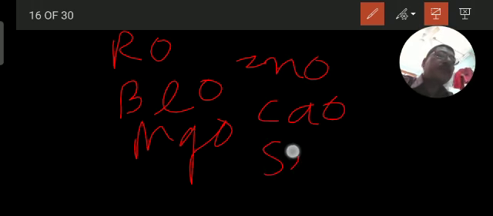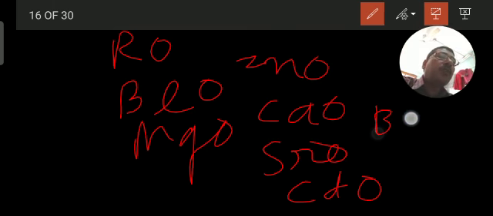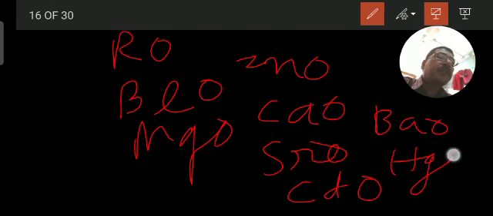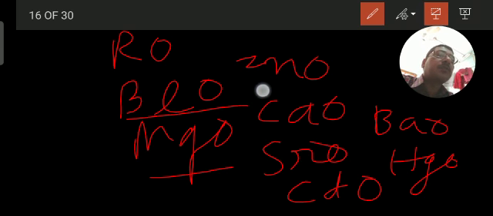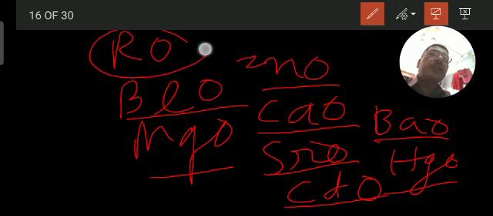Then strontium, so SrO. Then Cd, CdO. Then BaO. Lastly comes mercury, so HgO. All these elements present in the second group make the same kind of oxides, so they are kept in the same group following the general formula RO for the oxides.